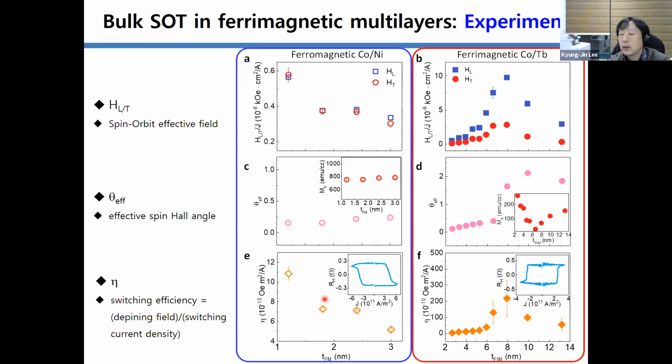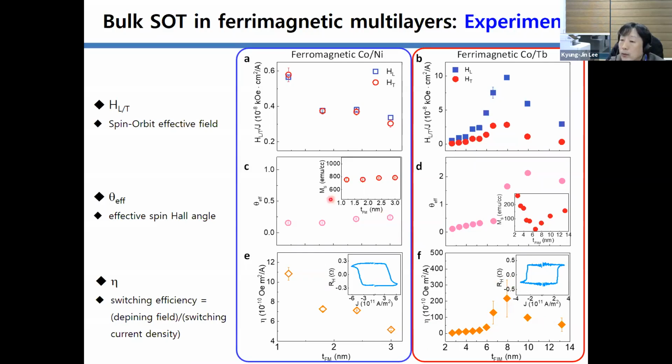This is consistent with what we have understood about the ferromagnet. But in the case of ferrimagnetic cobalt terbium, the result is surprisingly different. The spin-orbit field increases and then decreases, and the spin Hall angle is not constant at all. And the switching efficiency also increases and then decreases.